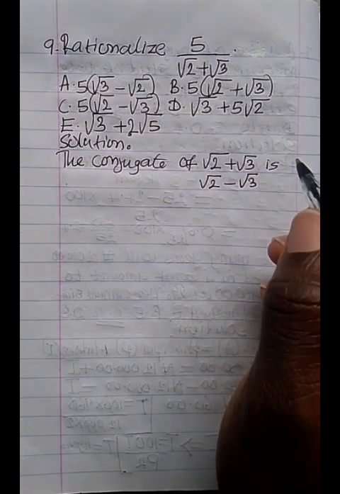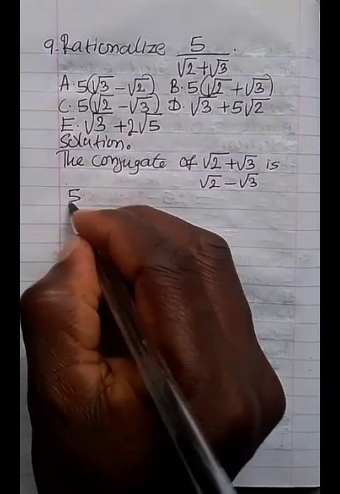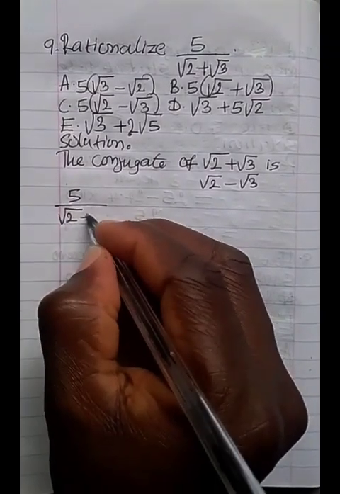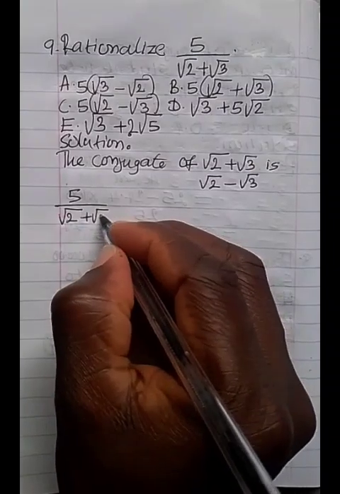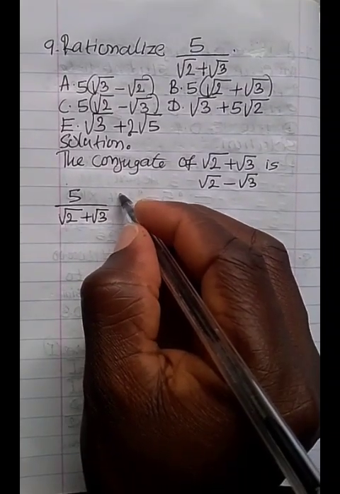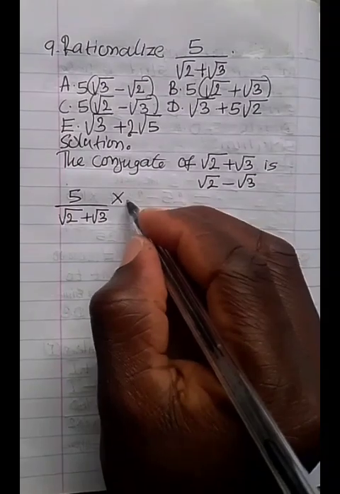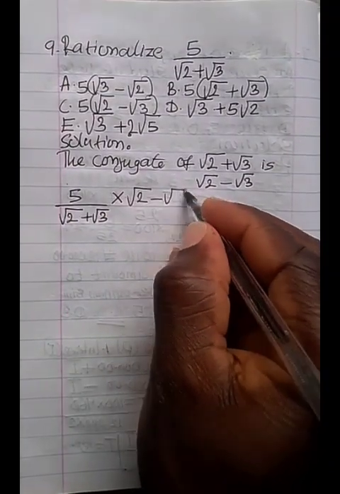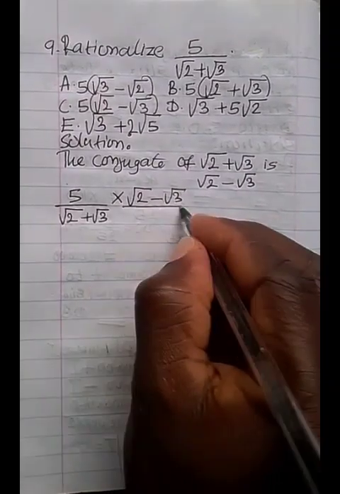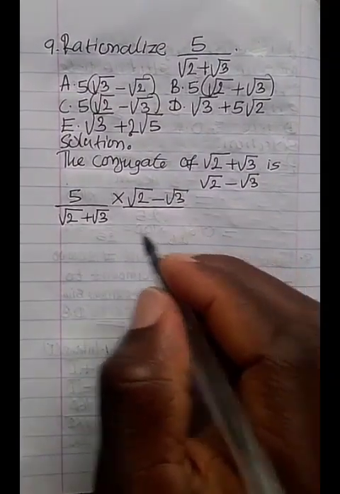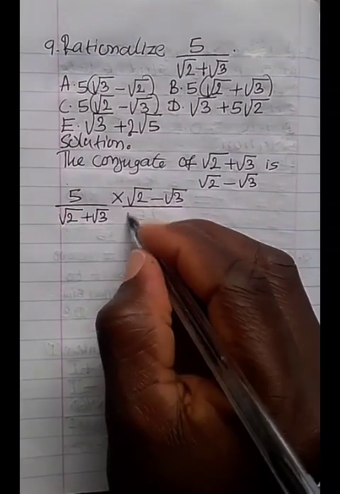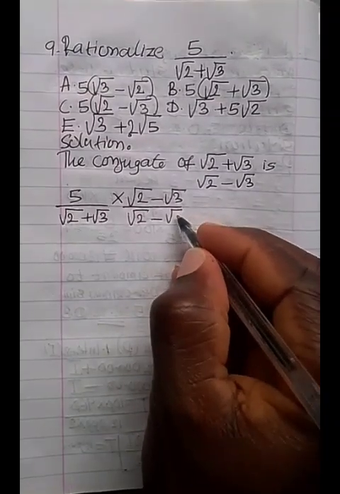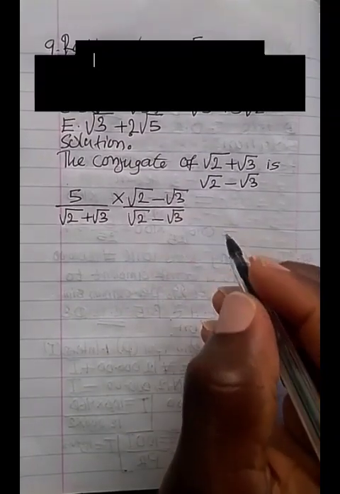Then you go back to the given problem, 5 over square root of 2 plus square root of 3. Then you multiply the numerator by the conjugate, square root of 2 minus square root of 3, all over. You also multiply the denominator by the conjugate, square root of 2 minus square root of 3.